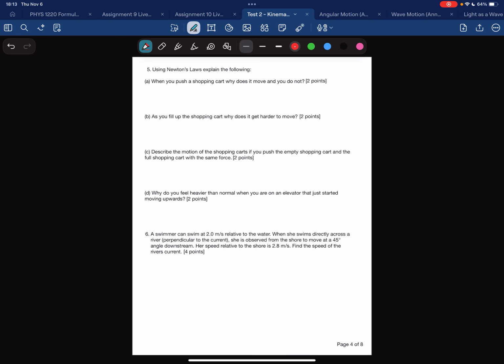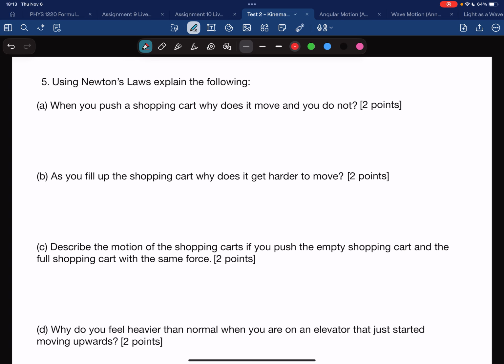Question 5, using Newton's laws, explain the following. Part A, when you push a shopping cart, why does it move and you do not? So, a couple of reasons here.